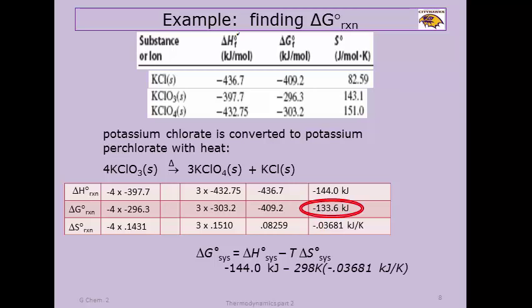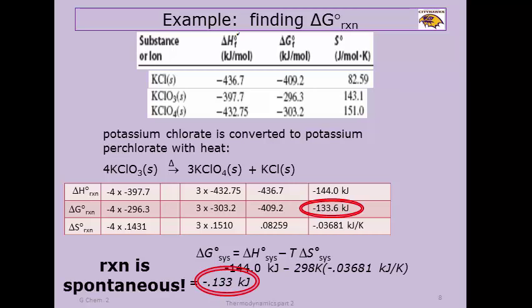So that's going to be the temperature. And then you multiply that by the entropy. And when you do this calculation, you come out with the same answer to 3 significant figures, negative 0.133 kilojoules. And once again, this reaction is spontaneous because you see a negative sign on the delta G.